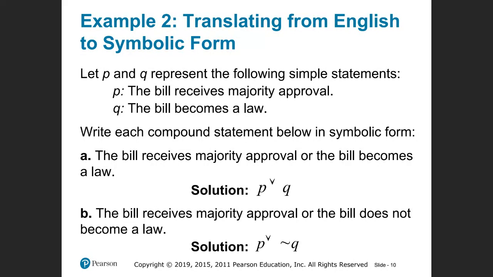So in symbolic form, it would be P, caret pointing downward, Q. That's P or Q. For B, the bill receives majority approval or the bill does not become a law. Well, this time Q is negated, and so it's going to be P, caret pointing downward, not Q.